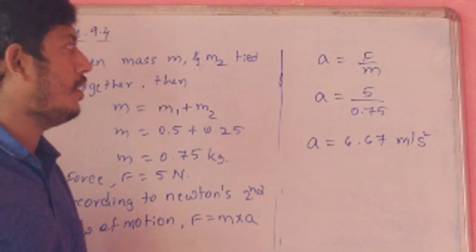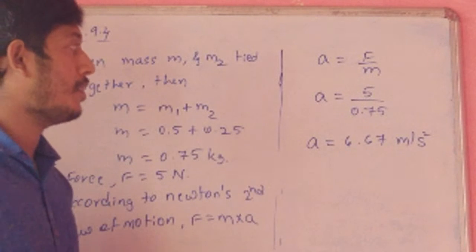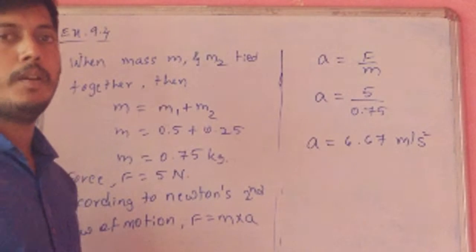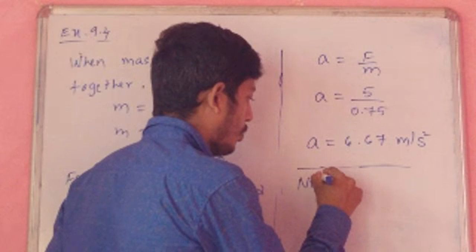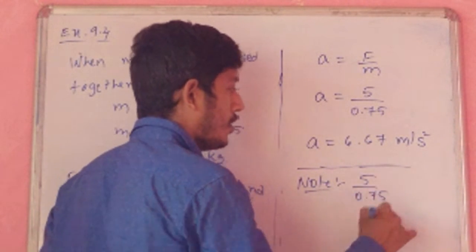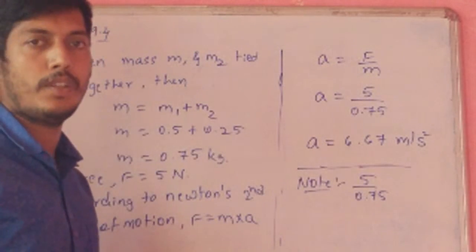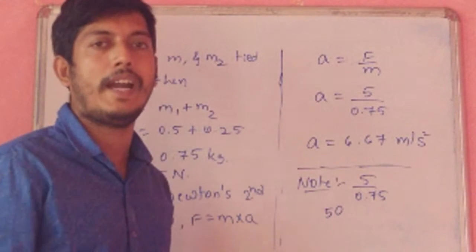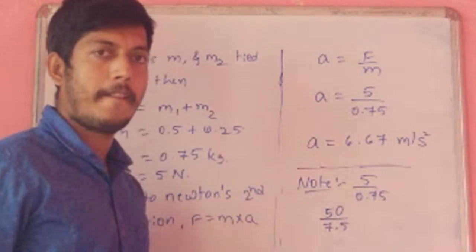So here in the numerator a whole number is present, in the denominator a decimal number is present. We can convert the decimal number into a whole number. So see here, note here 5 divided by 0.75. When I move one decimal place to the front, in the numerator I have to add a 0, so the denominator becomes 7.5.